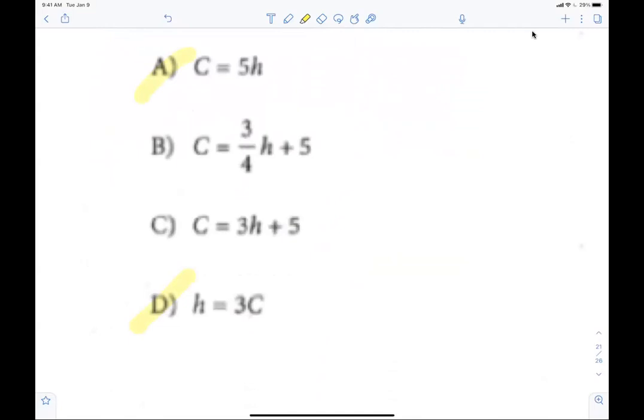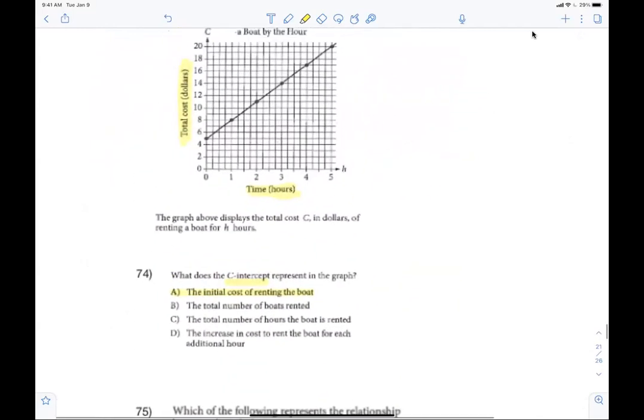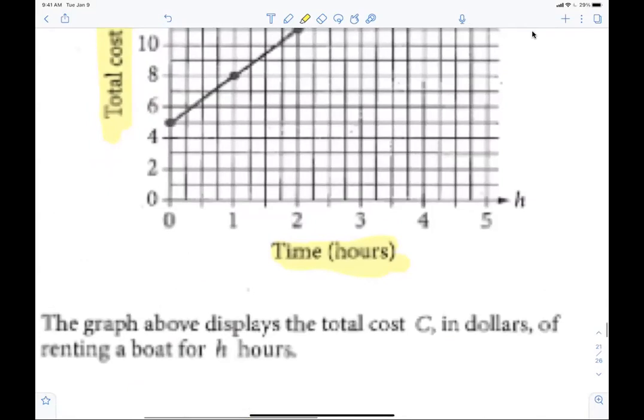So somebody tell me what the answer is. B, what did you think? Why C? Because on every point, it's like 0 times 3 is 0, plus 5. Doesn't really make sense. What's the slope?